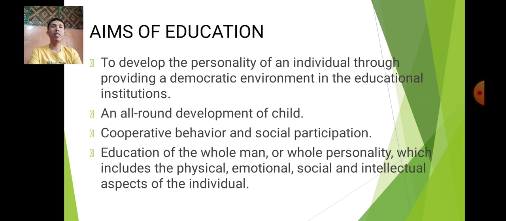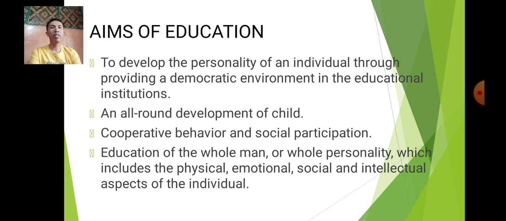Okay, aims of education: to develop the personality of an individual through providing a democratic environment in the educational institutions, an all-around development of the child. Number three, cooperative behavior and social participation. Number four, education of the whole man or whole personality, which includes the physical, emotional, social, and intellectual aspects of the individual.